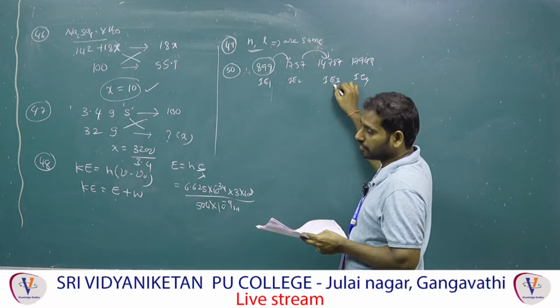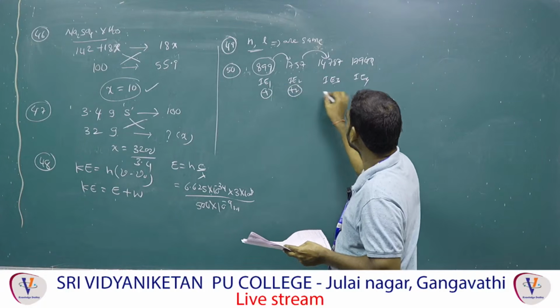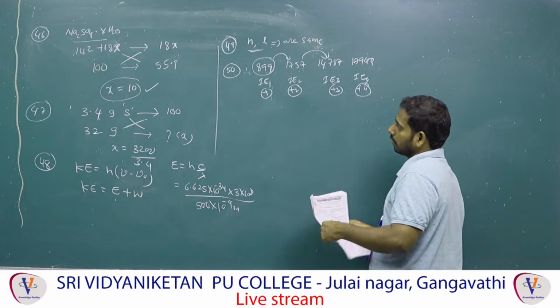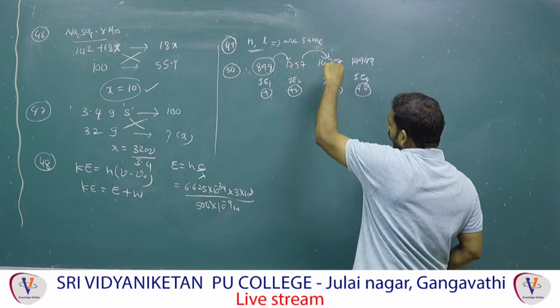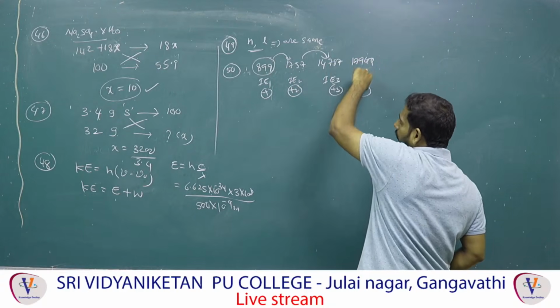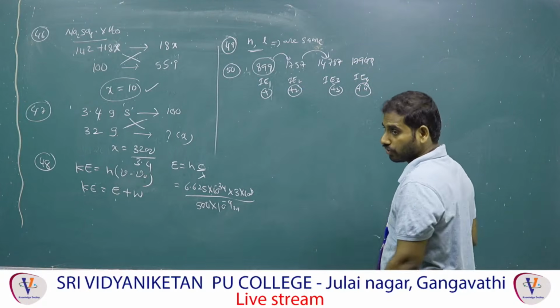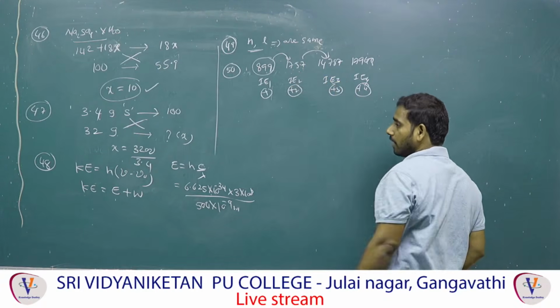Here it is +1, here +2, this is +3, here +4. These are the charges. Here one electron is lost, then the second electron, then the third, then the fourth. The amount of energy changes from the second ionization energy to the third ionization energy.